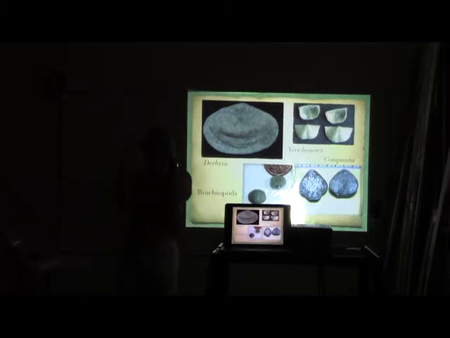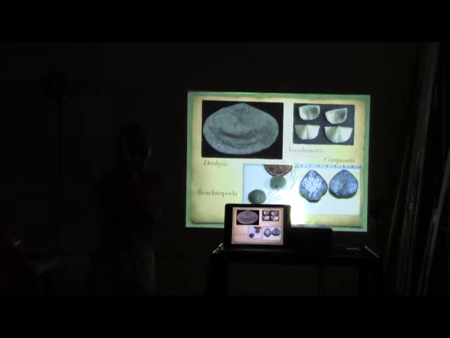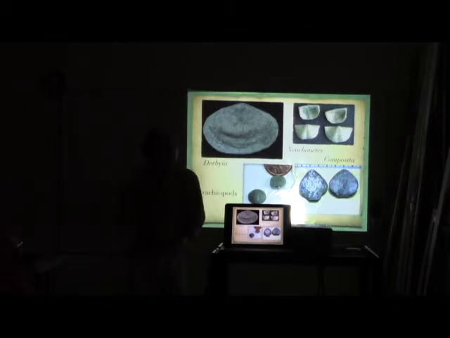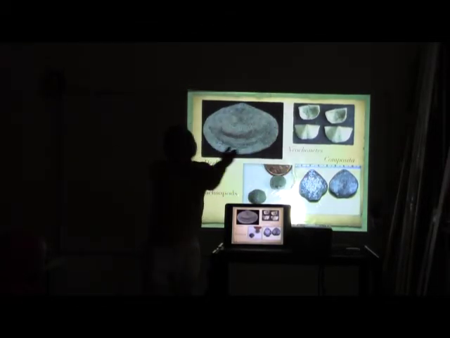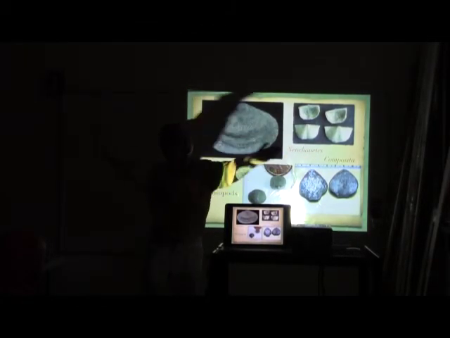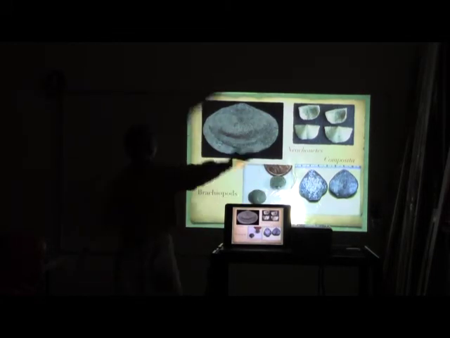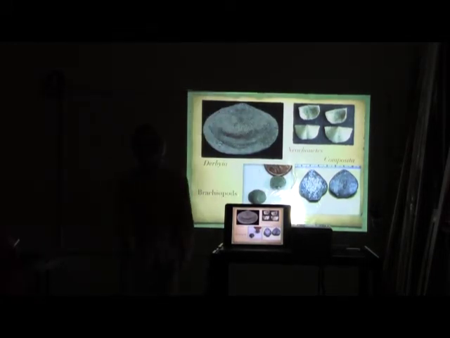But the two valves are mirror images of each other. You split a clam in half, one half of the clam is a mirror image of the other half. So that would be like, with us, having your line of symmetry go this way, right? So a clam would have its hinge back here, and it would go like this. So this would be one valve, and this would be the other valve, and the symmetry line goes this way.